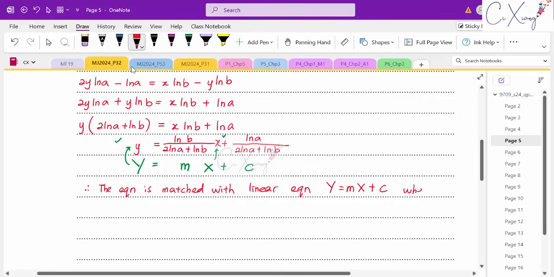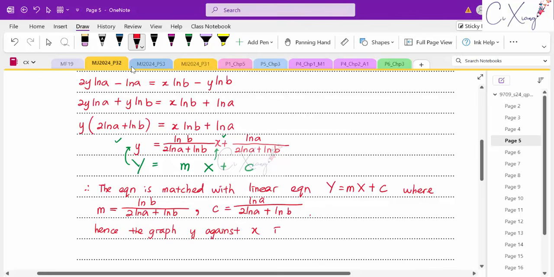Okay, if you want to tell them further, you can tell them that the m is equal to this value, and the c is equal to this one. So hence the graph of y against x for this equation is a straight line.